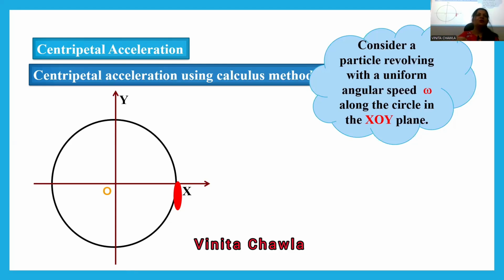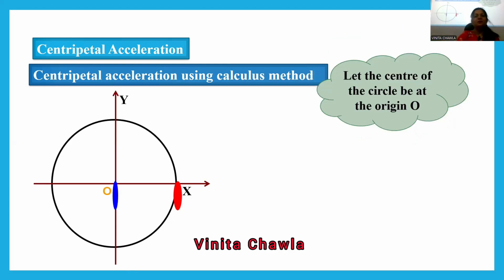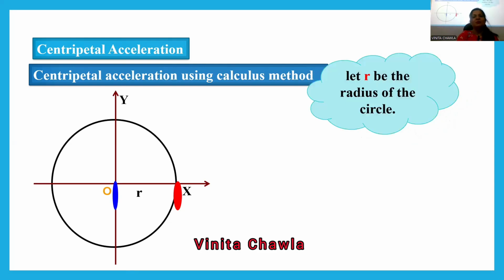This particle is moving in 2 dimensions in the XOY plane, and let O be the center of the circle. We are considering the center at the origin. ठीक है, हम center को origin पे consider कर रहे हैं. Let R be the radius of the circle.